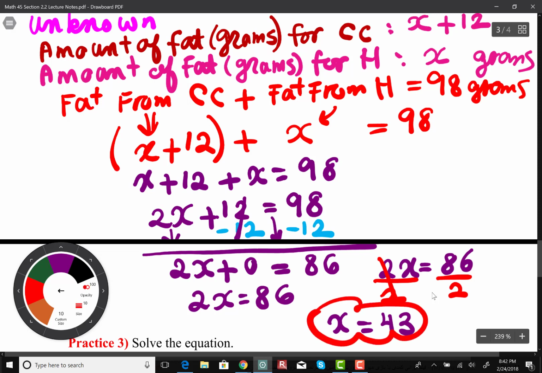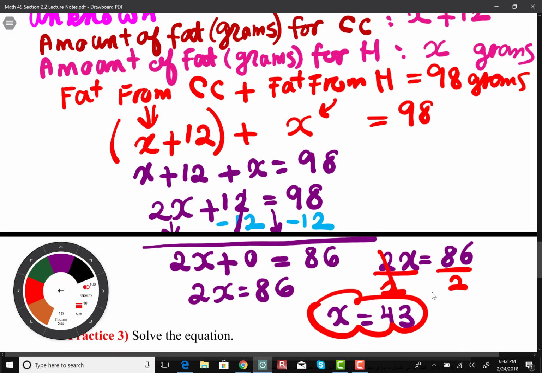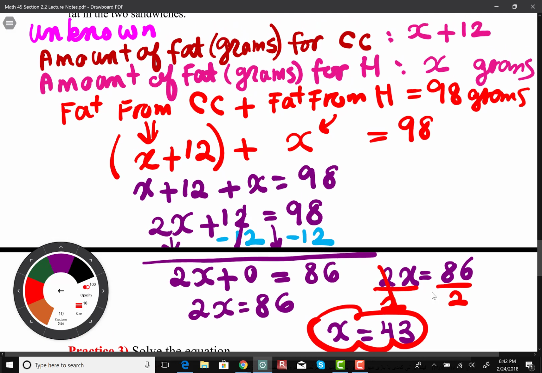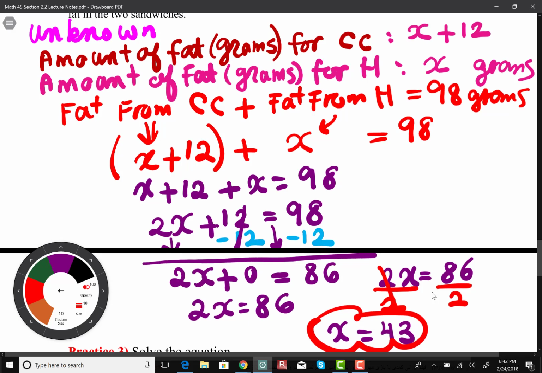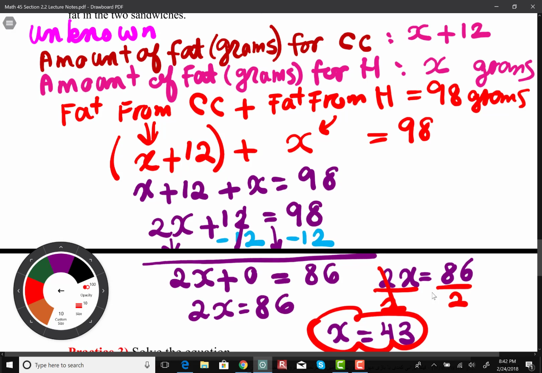Again, check your answer by plugging it back in there to see if it's good. But let's see what this one really is. X is the amount of fat for happy hamburger. So we have to write it down. I'll write it in this corner.